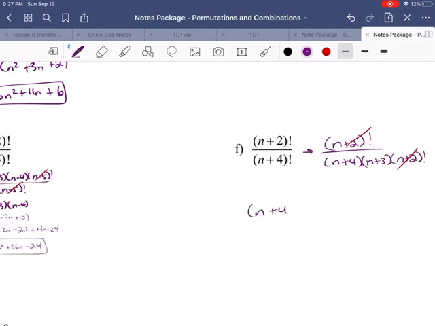A common error, students will go, okay, everything canceled out, so I'm left with n plus 4, n plus 3. You are, but you're also left with that in the denominator with a numerator of 1. So do not forget about that 1. And if you expand the denominator, you'll get n squared plus 7n plus 12.